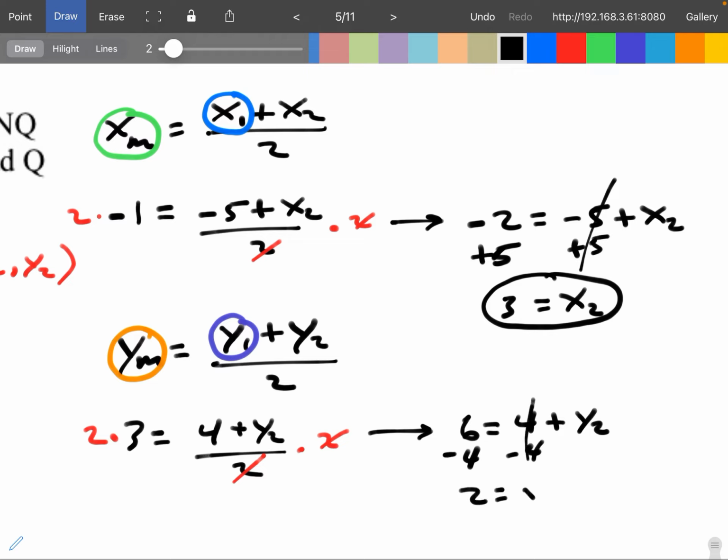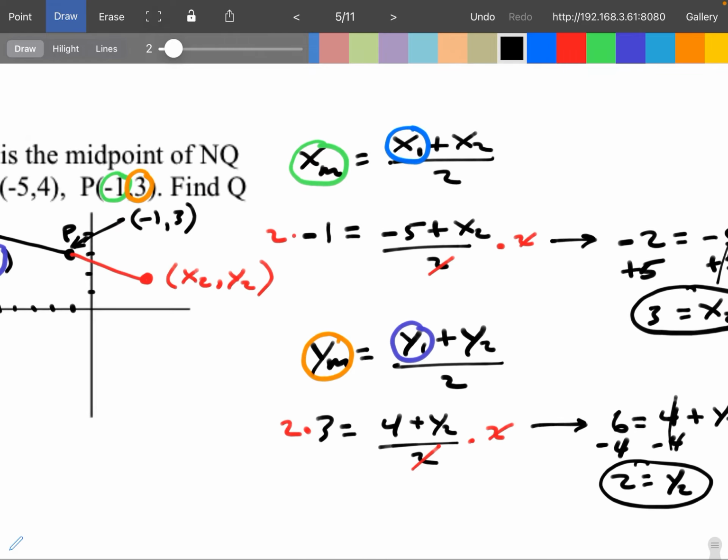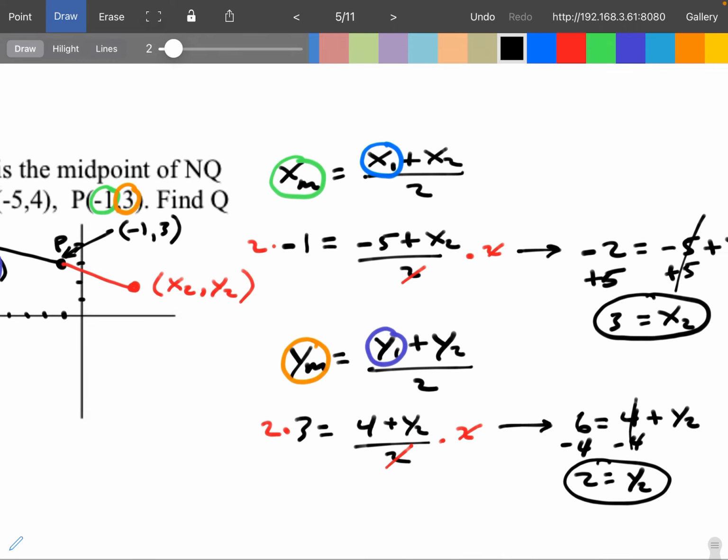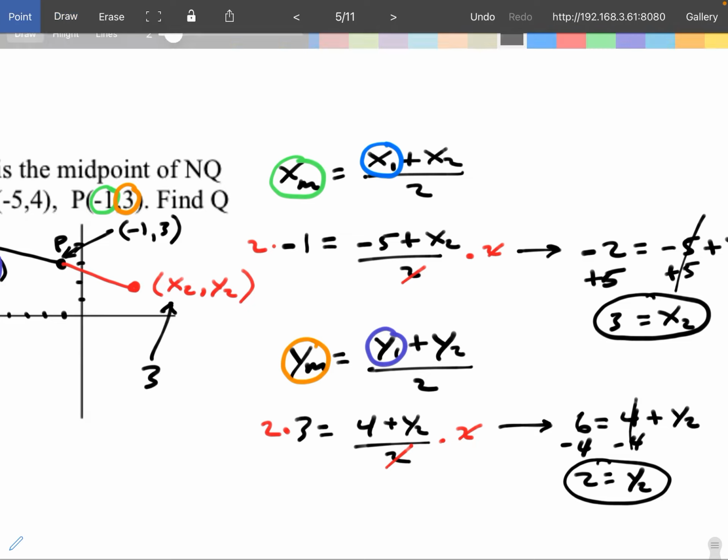So on the left-hand side, I got 2 times 3, that's 6. 6 is going to equal 4 plus y2. Now how do I finish solving for y2? Yep, subtract 4 on both sides. And I get 6 minus 4, that's 2. These cancel out, so the y coordinate of the missing endpoint is 2.